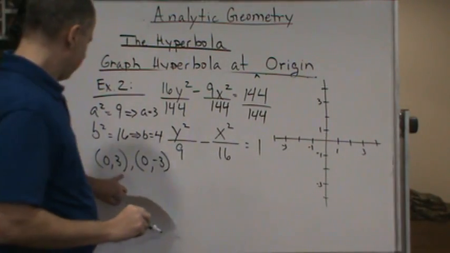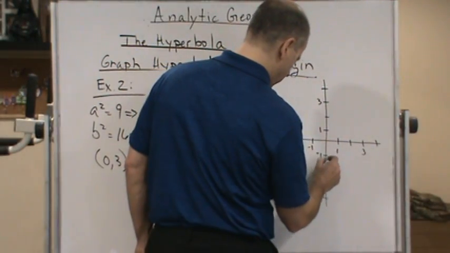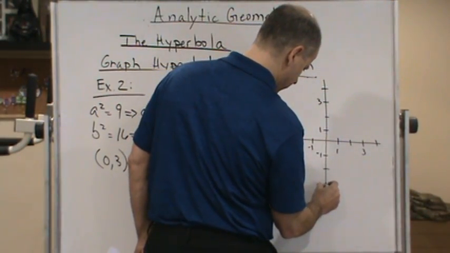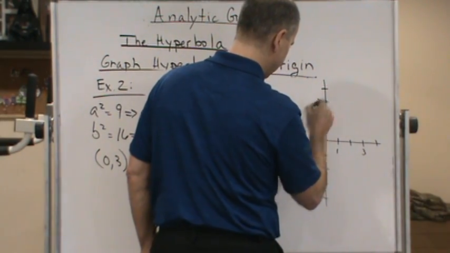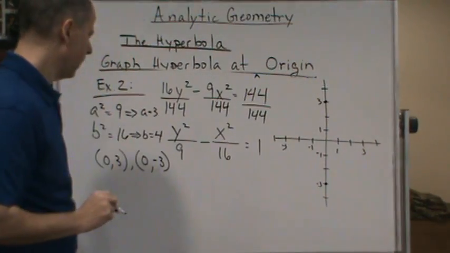Okay, so 0, 3, 0, negative 3. So 0, 3, and negative 3, that's going to be here and here. Those are the two vertices.